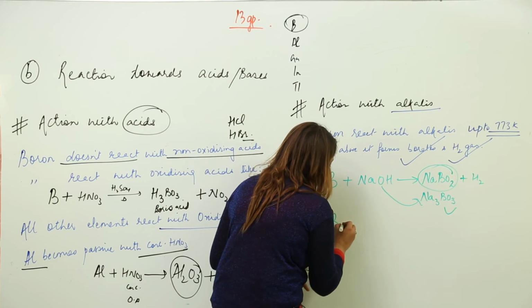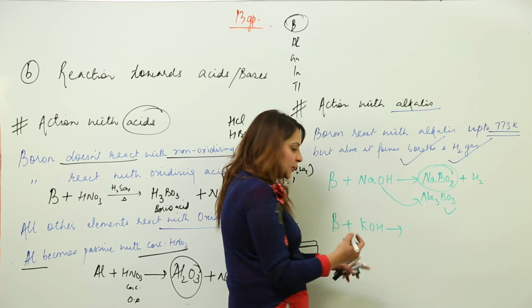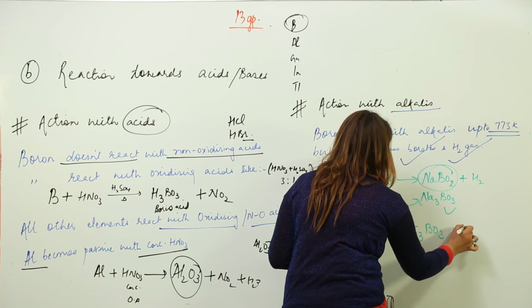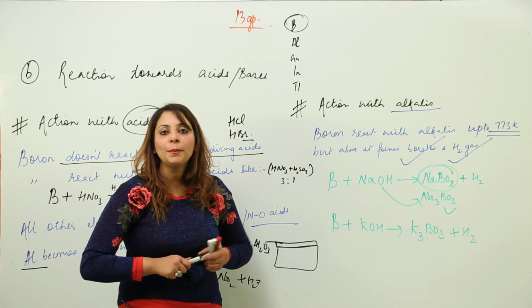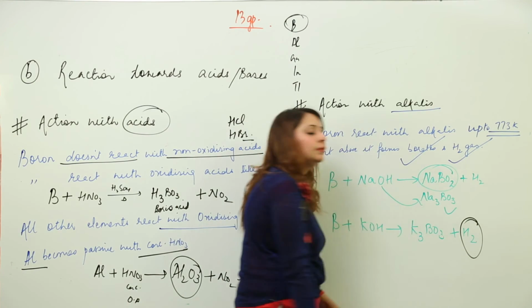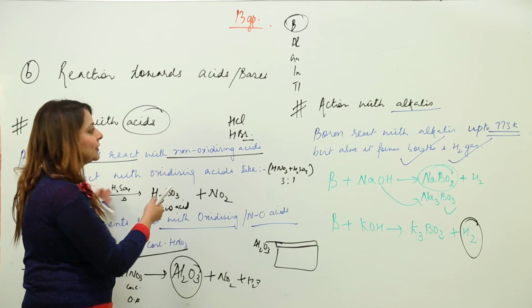Likewise, if it reacts with caustic potash, that is KOH, it is again going to form its borate, with the formula K3BO3, and along with that we get a gas which produces a popping sound, we are all familiar, that is H2 gas. So this is how they react with acids and alkalis.